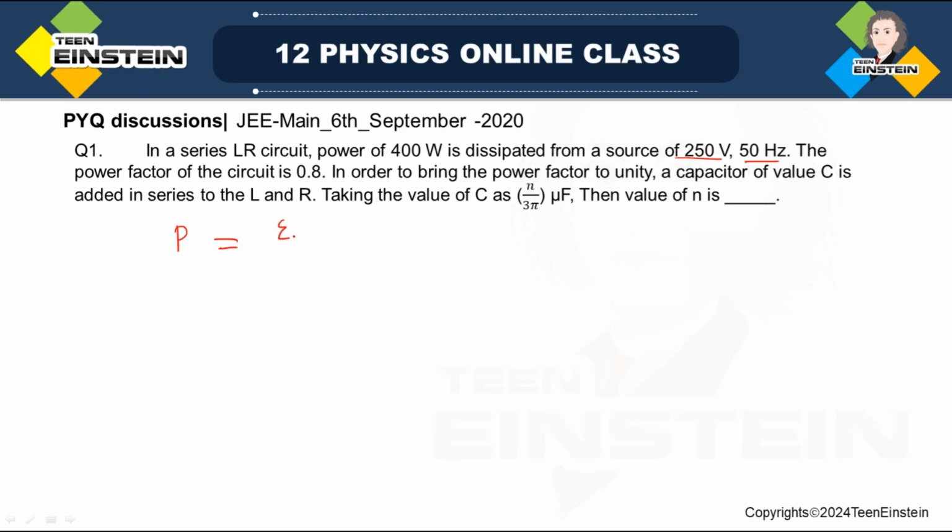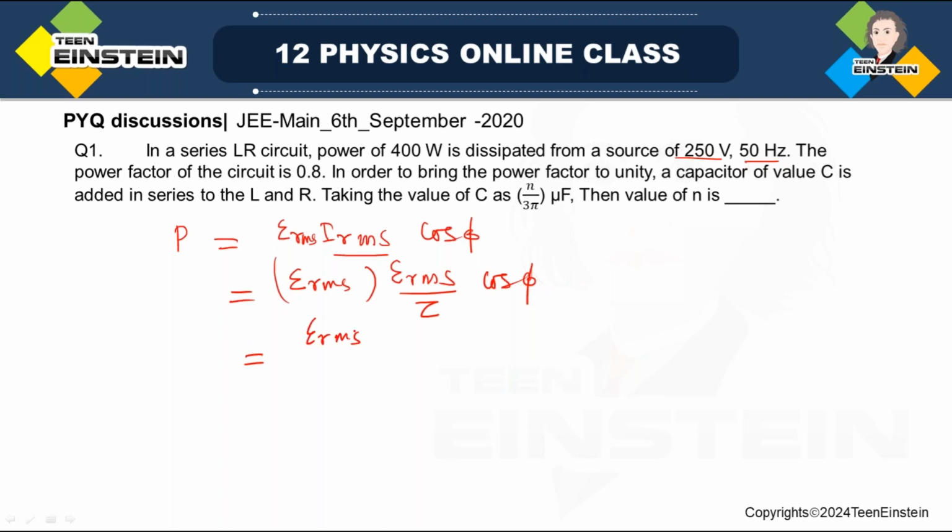Power is given by E_RMS, I_RMS, and cos phi. I_RMS can be written as E_RMS by Z, so power is E_RMS square by Z into cos phi, which is given as 400 watt.